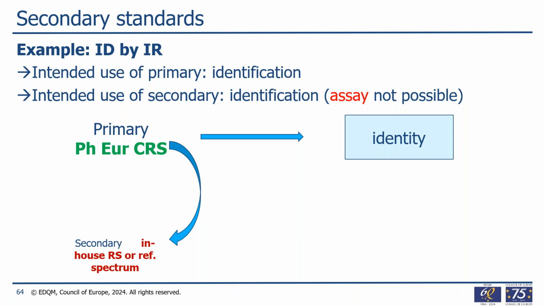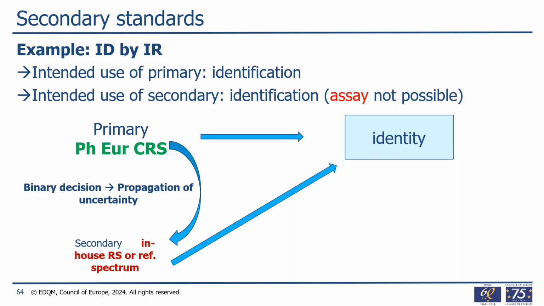It is possible to either establish an in-house secondary standard, or to simply store the reference spectrum in your infrared equipment, and then use this stored spectrum to compare to the spectrum of the substance to be examined.